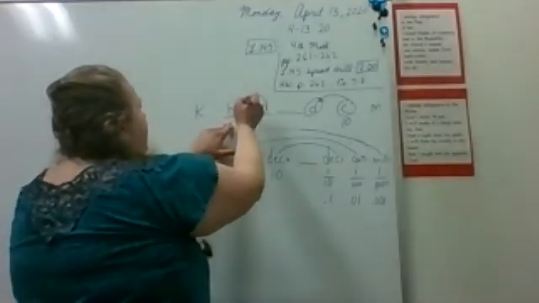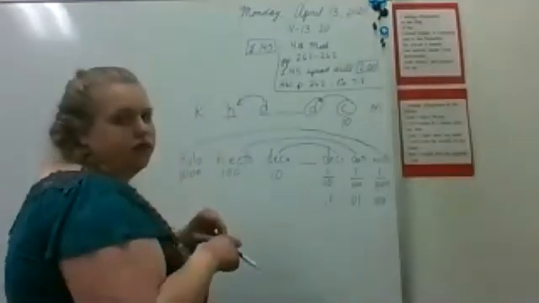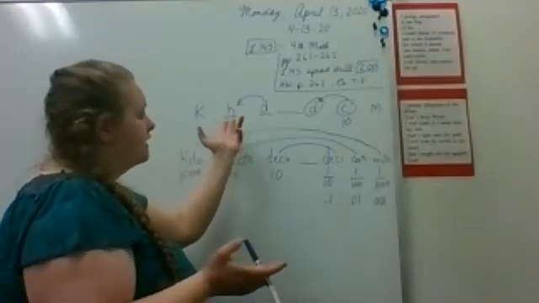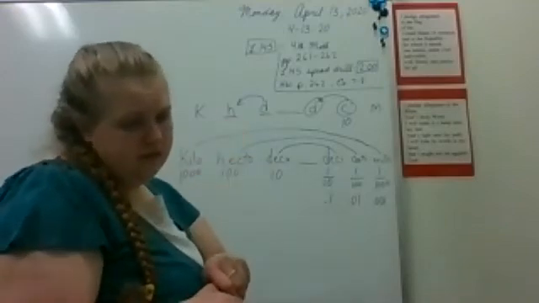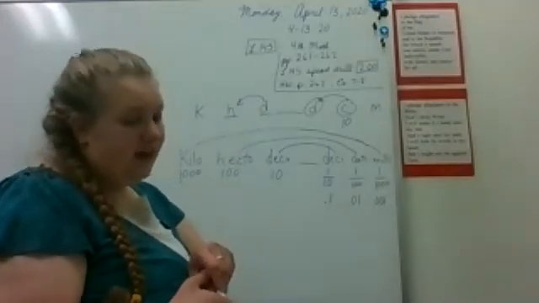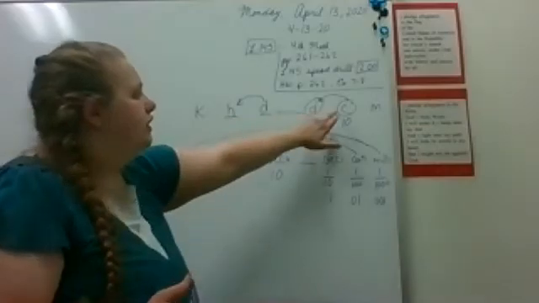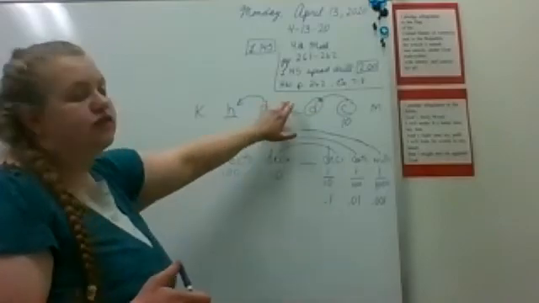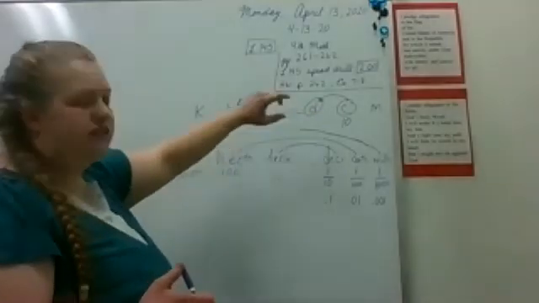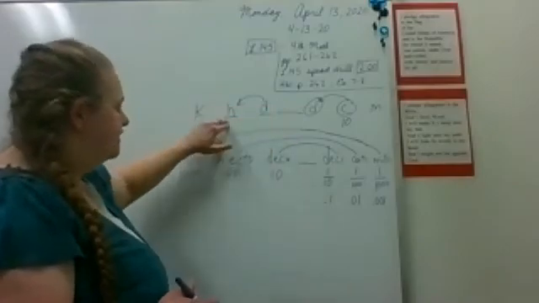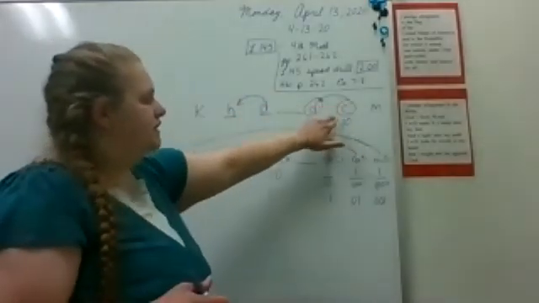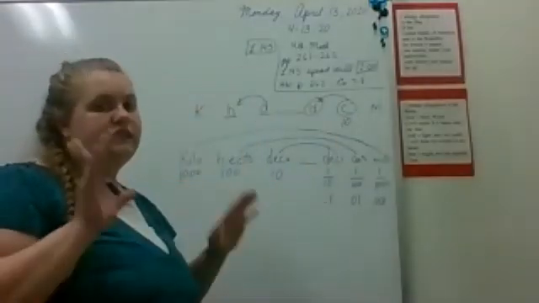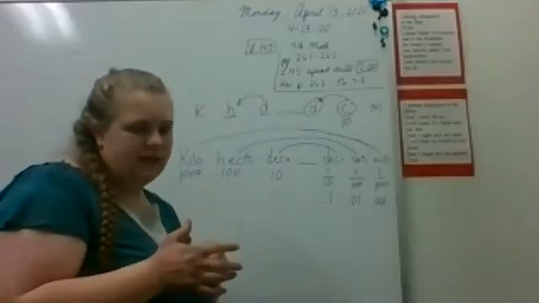So we're still going this way, and how many places did we move? Just one. So then how many decameters are in a hectometer? 10. It's the same, okay? If you just move one space. Now if they had moved from here to here, there's one in the middle, so you don't forget the one in the middle. That's why we leave a space, okay? But if it's D to H, C to D, M to C, H to K, if it's one spot and it's going to the left, it's 10, okay? Does that make sense? All right.